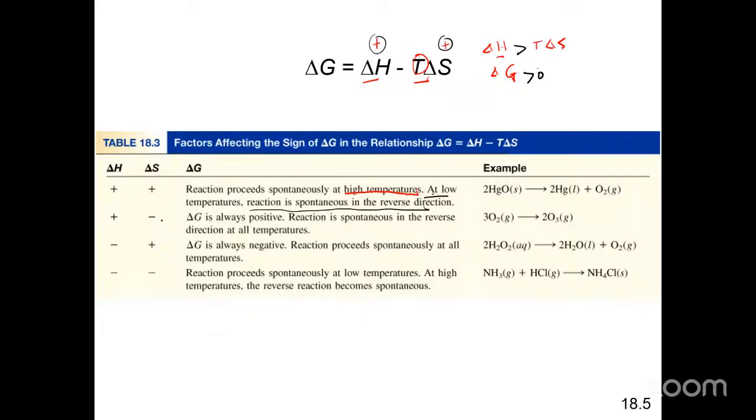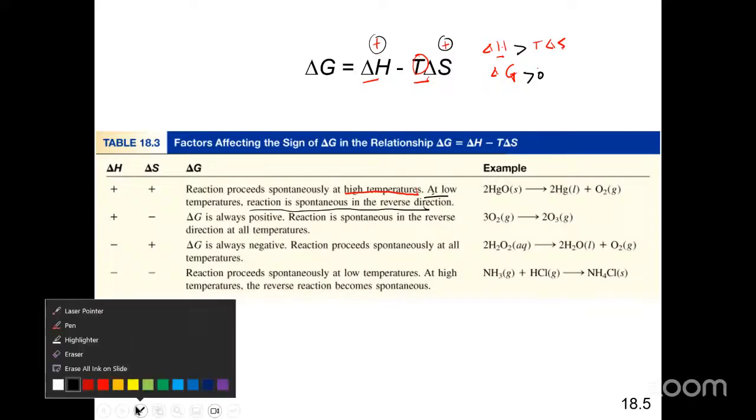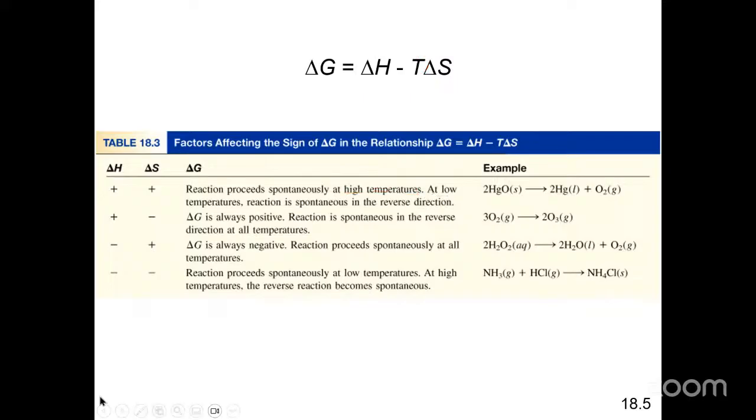Okay, now let's look at a different situation. Let's look at a situation where delta H is positive and delta S is negative. Now, the question is, what's going to happen to delta G? Remember, delta G is equal to delta H minus T delta S. Then what you'll find is that if delta H is positive and delta S is negative, it doesn't matter whether the temperature is low or high.